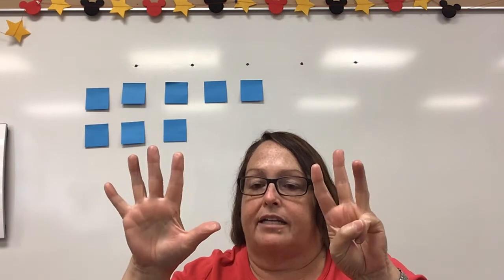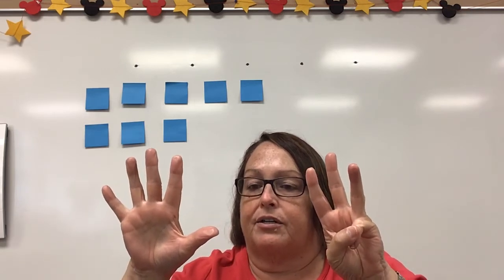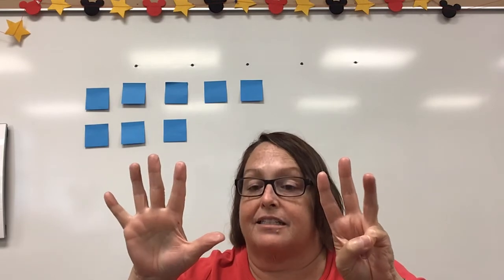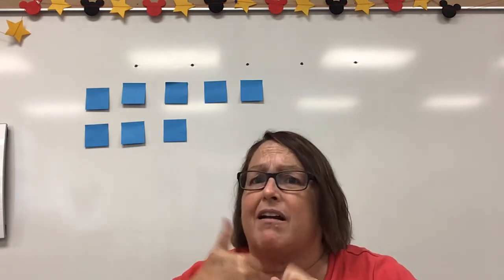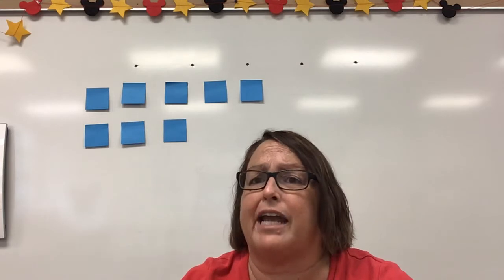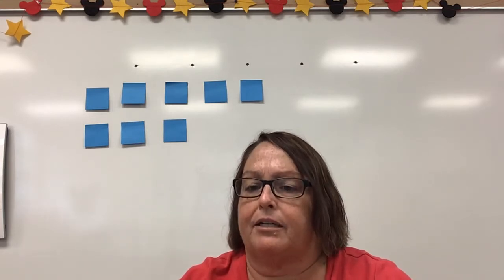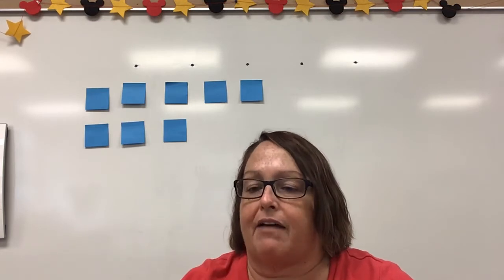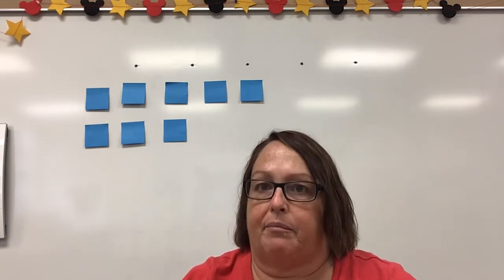Okay, so there's 8. Now, here's where we're starting. Now I'm at 8. I'm going to count on up, but I don't need to add a finger for 8 because I have already got him. That's just where I start. So I only say out loud the number that I start. It's going to be 8.